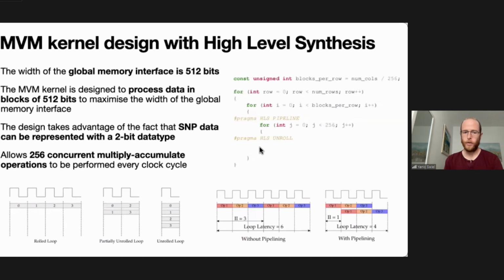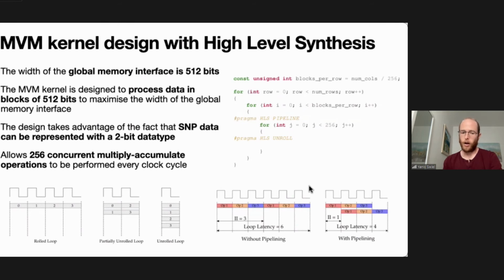The innermost loop, which performs the multiply accumulate operation, is fully unrolled to fully parallelize the processing of each block of genotype data. Unrolling loops massively increases the parallelism, but also increases the hardware utilization. The middle loop, which loops over a row of the genotype matrix in 512-bit blocks, is pipelined to overlap the processing of each block.